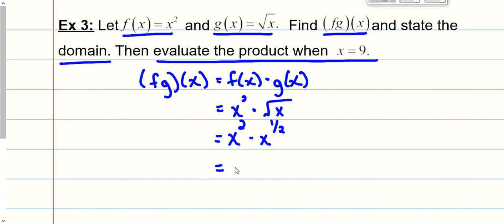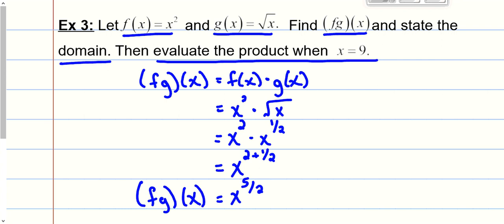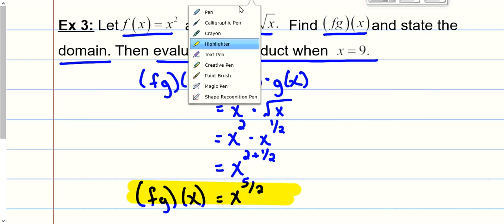Now that I have the same bases, I can add my exponents, and I've got x to the 2 plus 1/2. When you add that, you're going to get x to the 5 over 2. So we have f times g of x is equal to x to the 5 over 2 power. And we're going to leave it just like that.